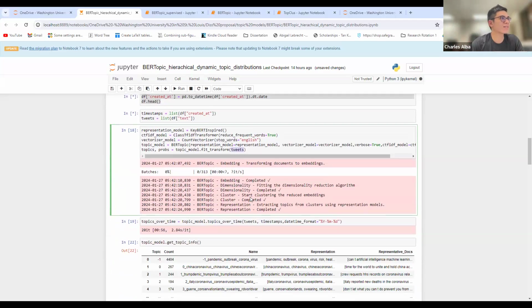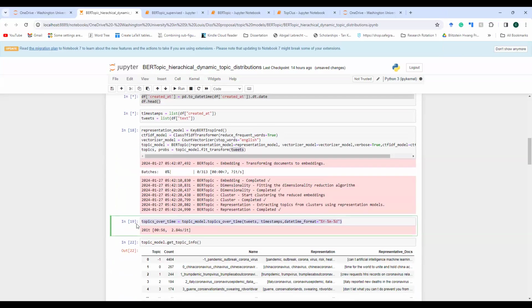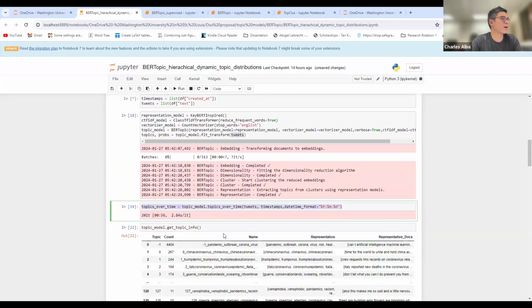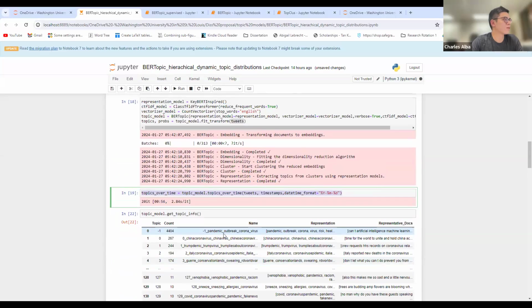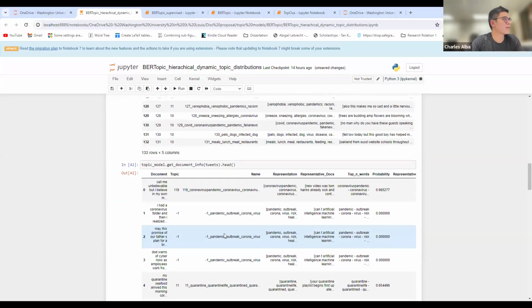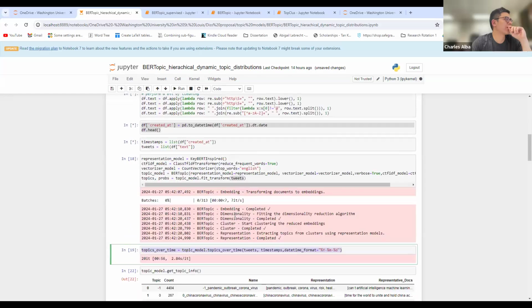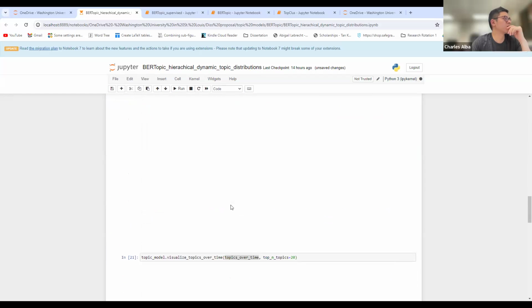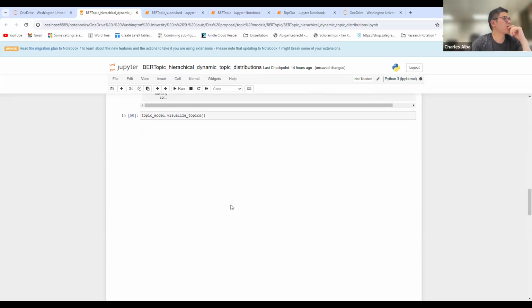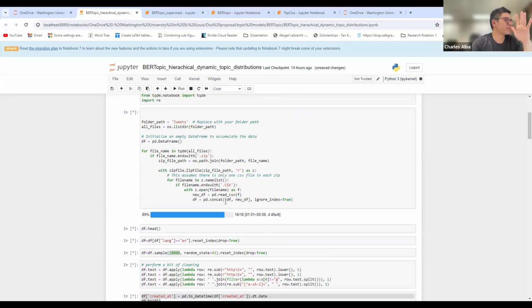Only after I cluster them would I visualize how they change over time. You're about to see, because they have a really good visualization, which I would highly recommend.